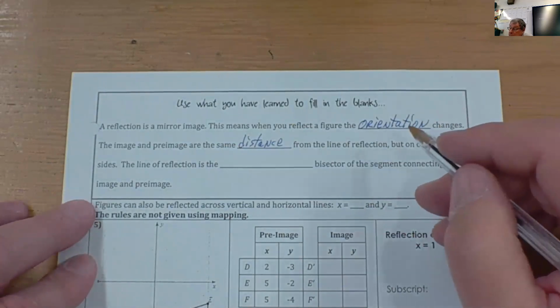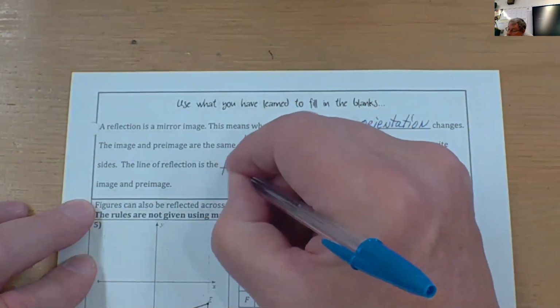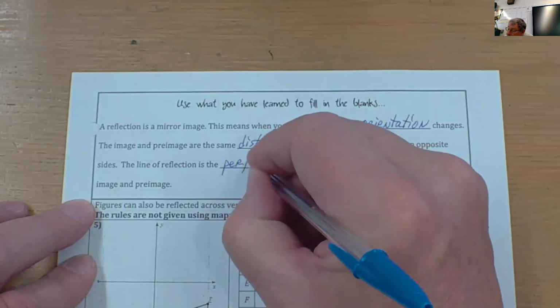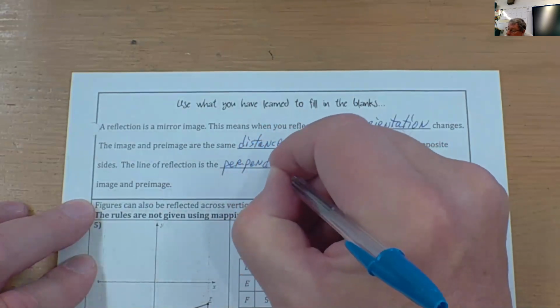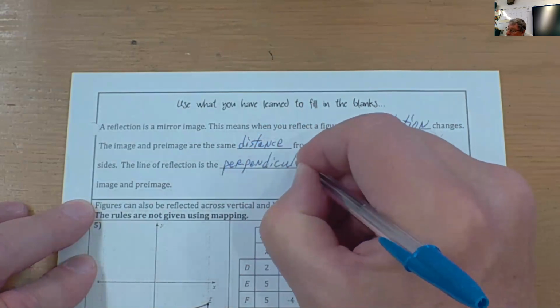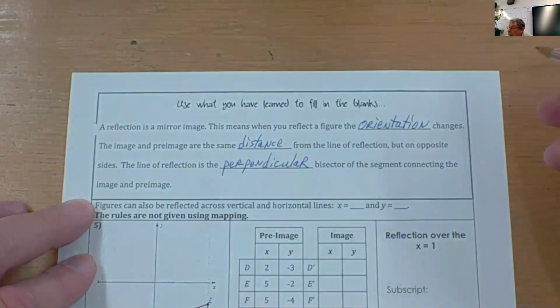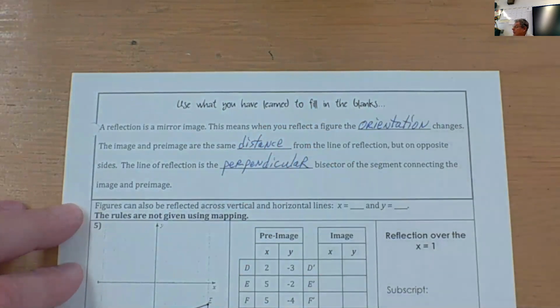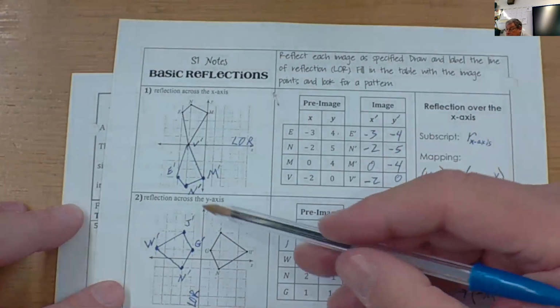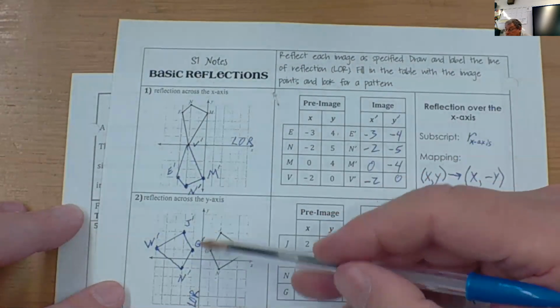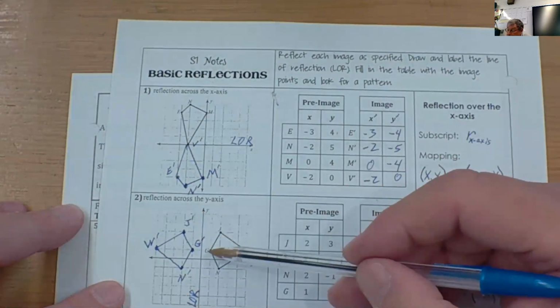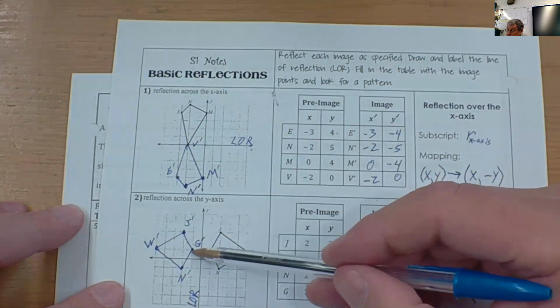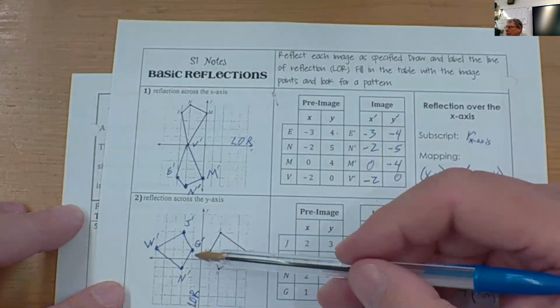The line of reflection is the perpendicular bisector of the segment connecting the image and pre-image. If you look at these, see, here's our LOR. If we do a segment between G prime and G, you can see it's a perpendicular bisector.